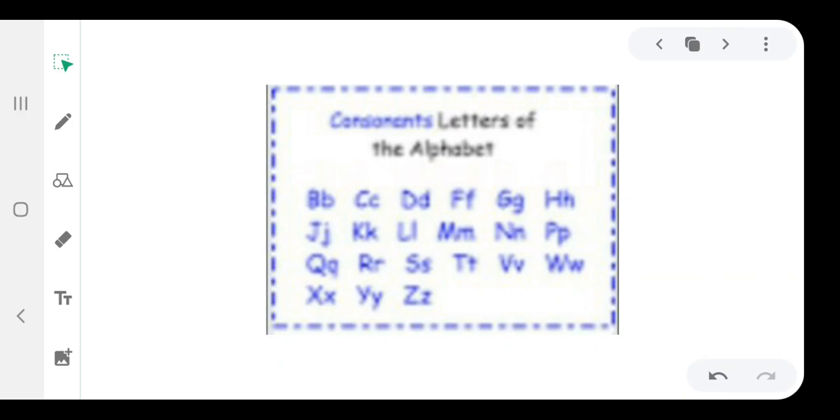Letters are written, sounds are spoken. When we write, we use the writing spelling alphabet which consists of 26 letters. When we speak, we use the speaking phonetic alphabet which consists of 44 sounds called phonemes.